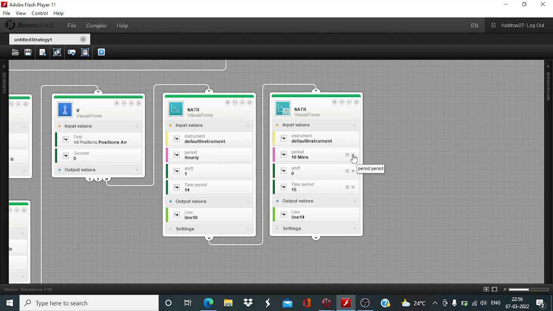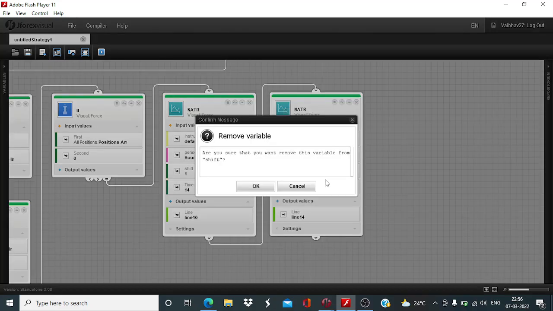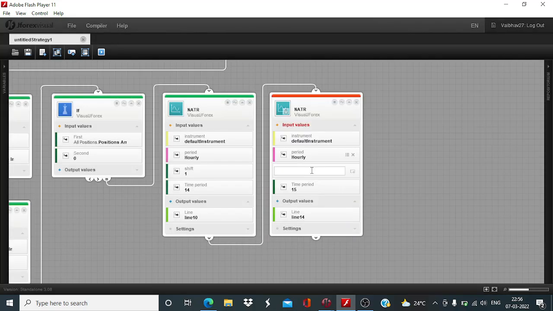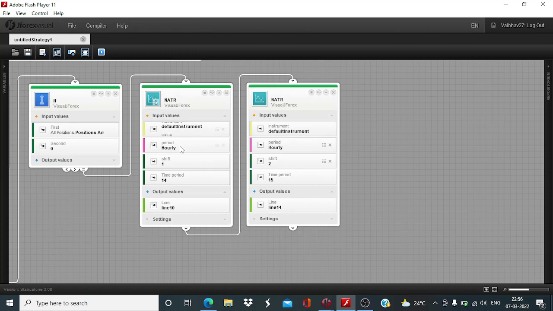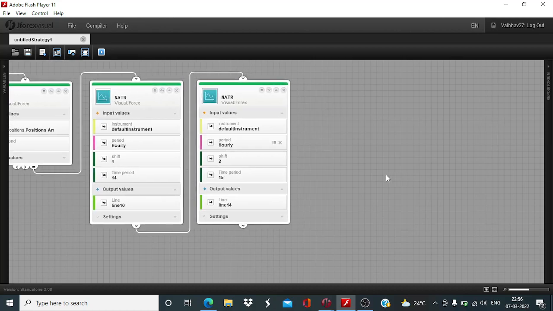This will need to be changed to hourly, and the lookback period will be changed to 2. So we have the price data of the last 2 hours, and we will be comparing to see whether the volatility is rising or not, and only if the volatility is rising more than our requirement, then we will be looking to initiate the trade.